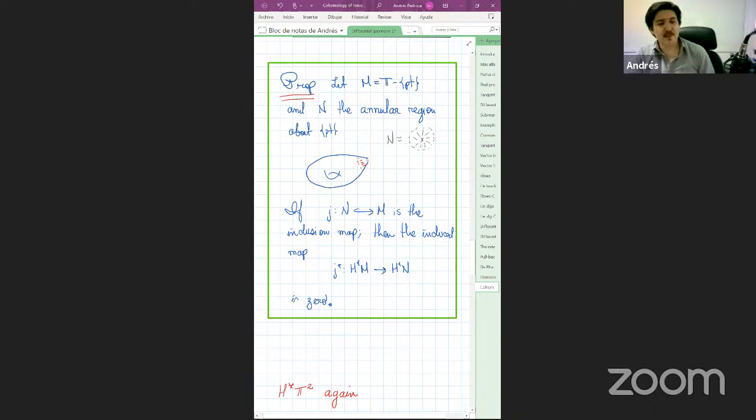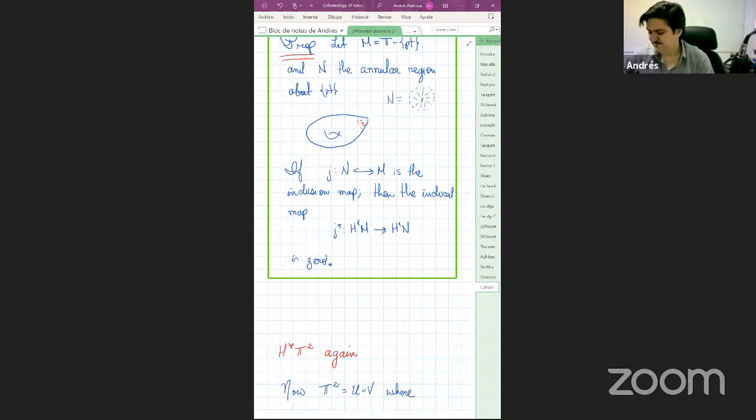So, as I told you yesterday, we need to compute the cohomology precisely of this manifold. I want to know the cohomology of that manifold, the punctured torus. So we will use basically what we have computed, the cohomology of the torus. Now I'm going to split the torus in a different way than we did at the beginning with 2 circles.